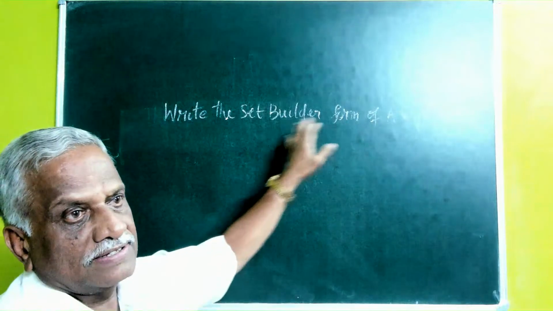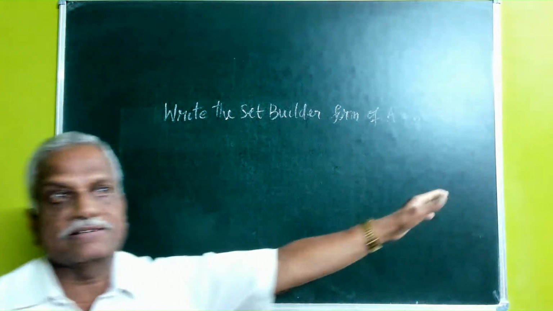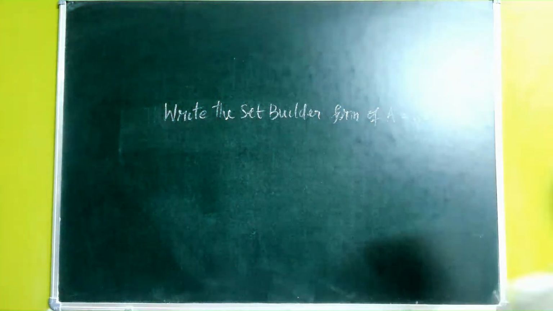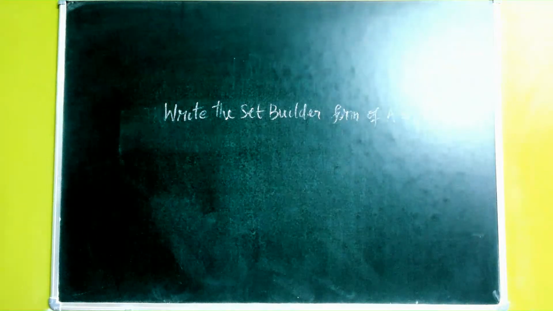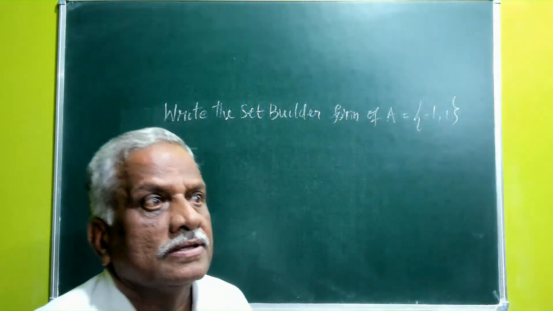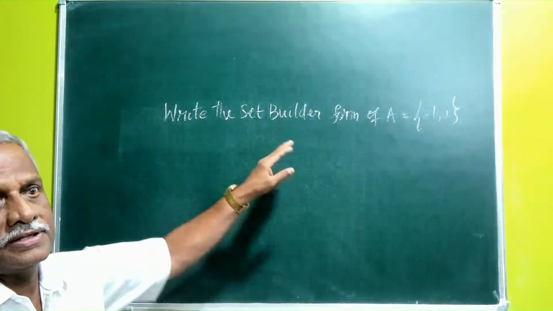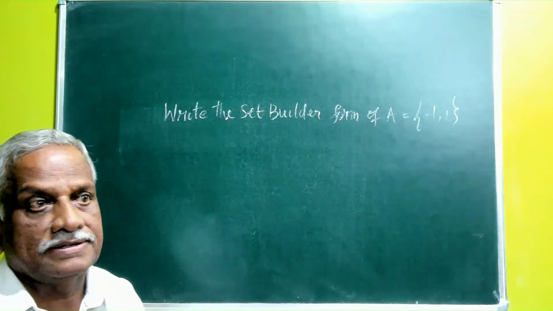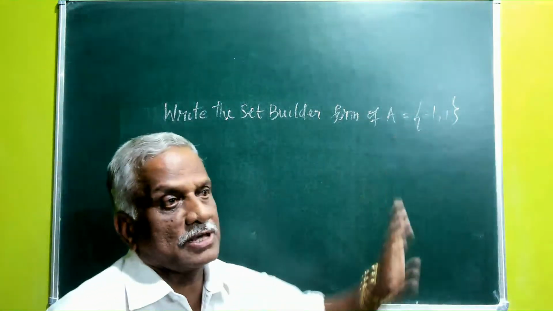What are the different ways? The set consisting of the elements minus 1 and plus 1. Both are included.